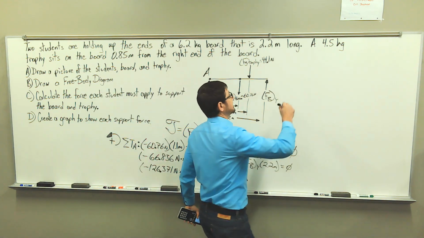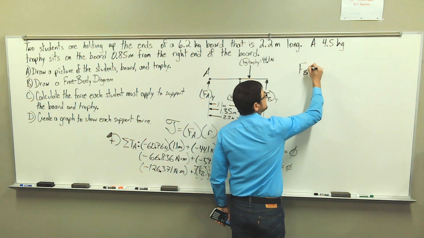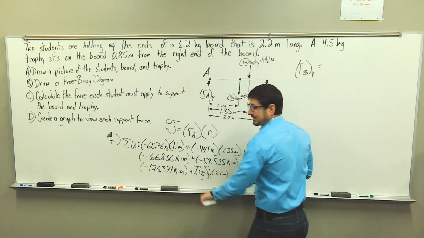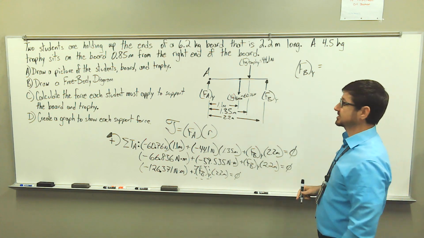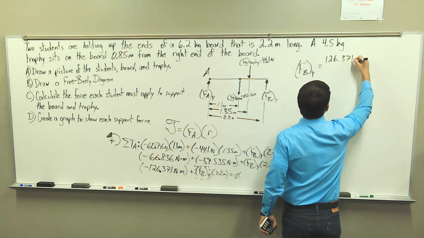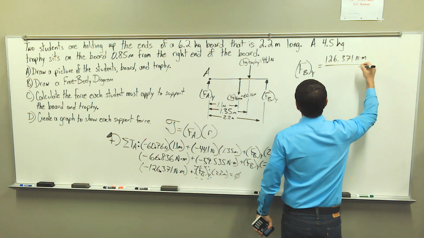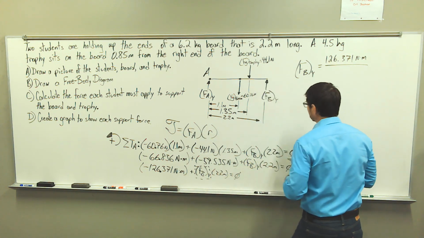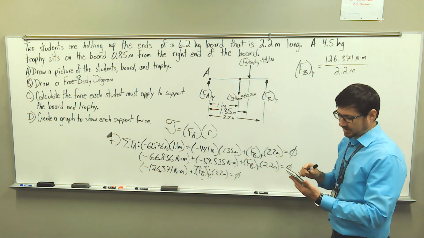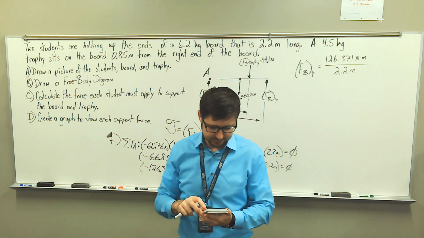So what we have is F sub B sub Y is equal to, now remember we're adding this to both sides, so we're going to have a positive value. So 126.371 newton meters divided by 2.2 meters. All right, so let's talk about the numerical value first.